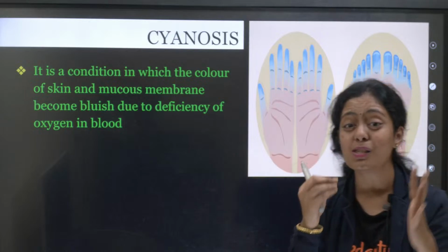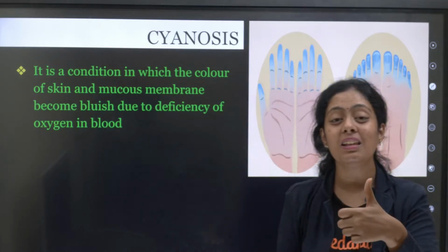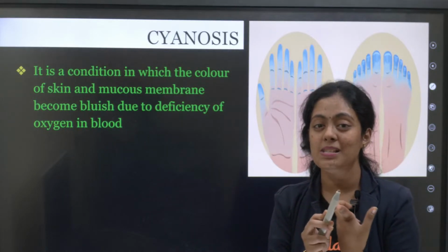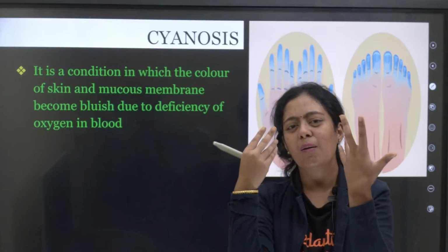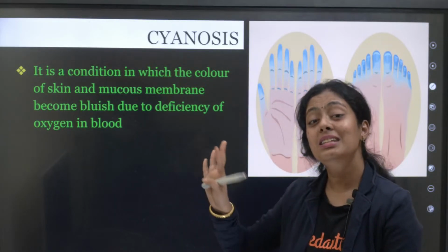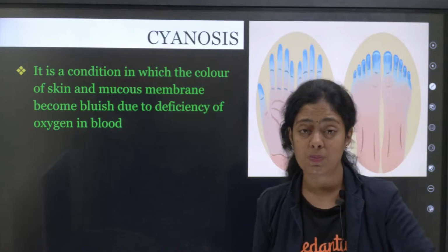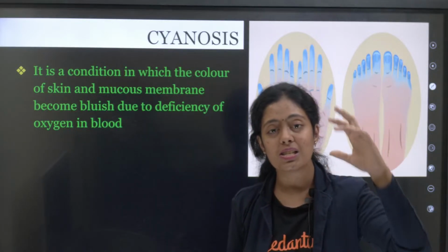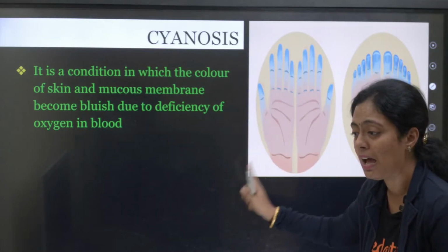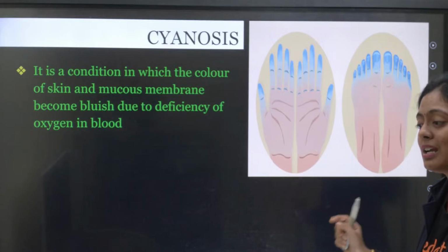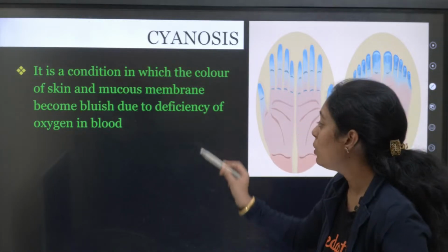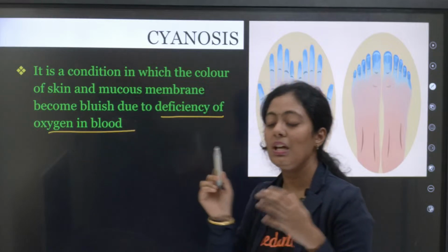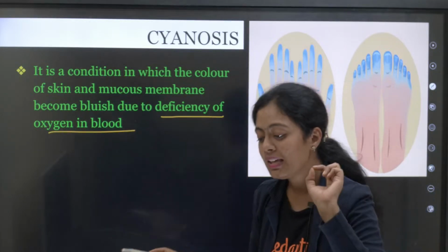This also I have seen with my own eyes. There are two syndromes. There is one called blue baby syndrome, where there is some defect in the heart, so there will be blueness of the body. And this happens when the saturation drops down. As I said, when the oxygen saturation drops down, this can happen. We call it a condition in which the skin and the mucous membrane become bluish due to the deficiency of oxygen in the blood. Did you understand? Can we continue?